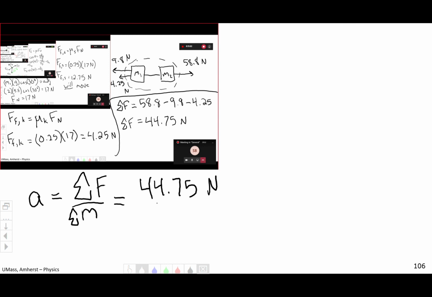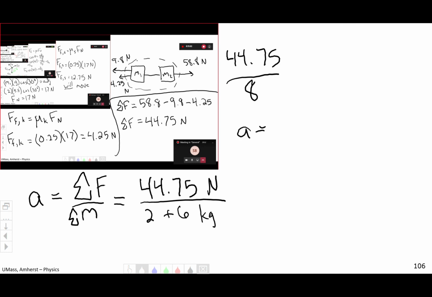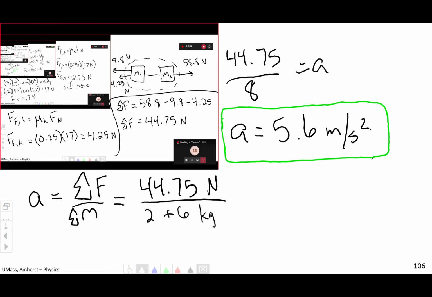We have 44.75 newtons over 2 kilograms plus 6 kilograms, giving us 44.75 over 8, meaning the acceleration of the system will be 5.6 meters per second squared. And after much trial and tribulation, we have answered the question at hand.